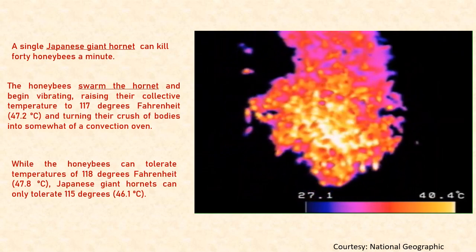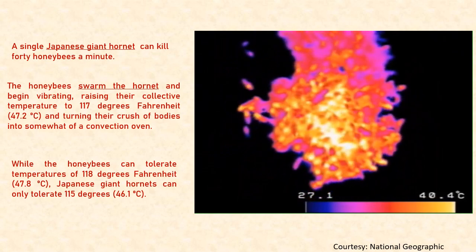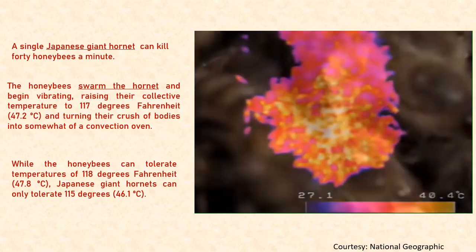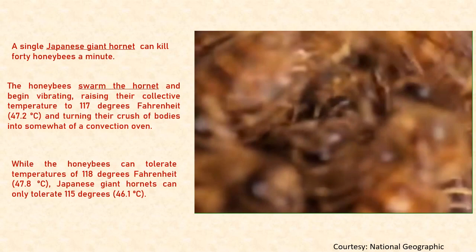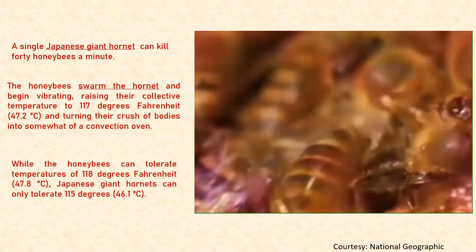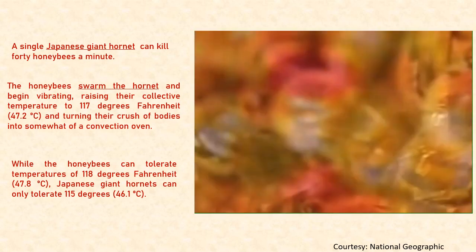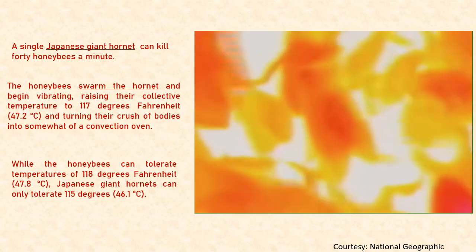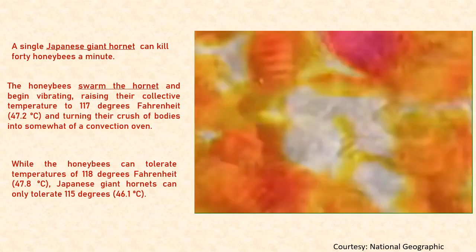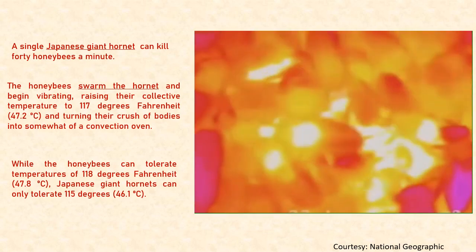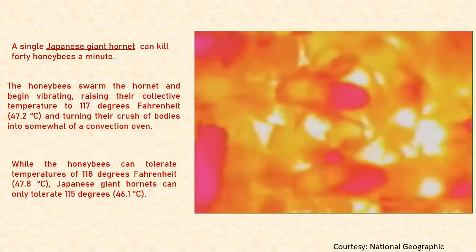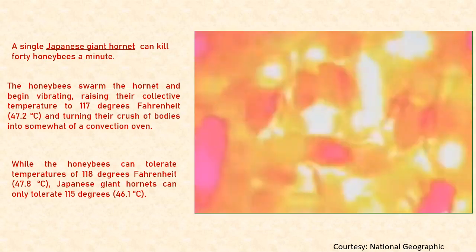While the honeybees can tolerate temperatures of 118 degrees Fahrenheit, 47.8 degrees centigrade, Japanese giant hornets can only tolerate 115 degrees, that's 46.1 degrees centigrade. So it gets burnt away, unable to withstand the heat. Survival of the fittest. Darwin's theory works here.